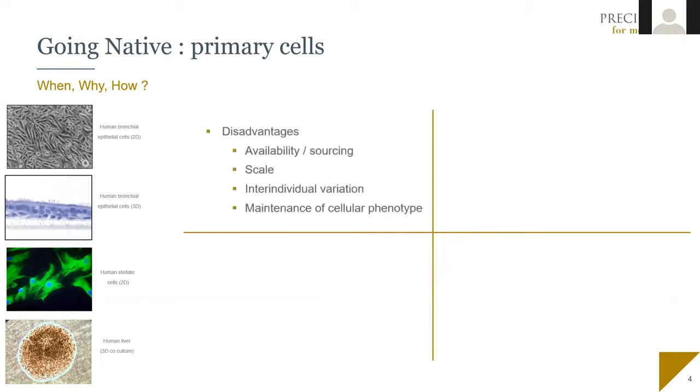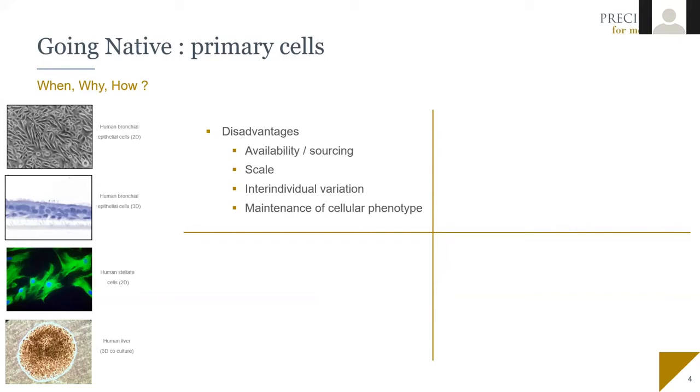So in terms of disadvantages of using primary cells, the first and foremost is often cited as availability and sourcing. We just can't access them regularly enough. Scale is another issue. Many primary cells don't proliferate. They're terminally differentiated, so you can't bulk them up to get high throughput screens. They all come from individual donors. We're all different.